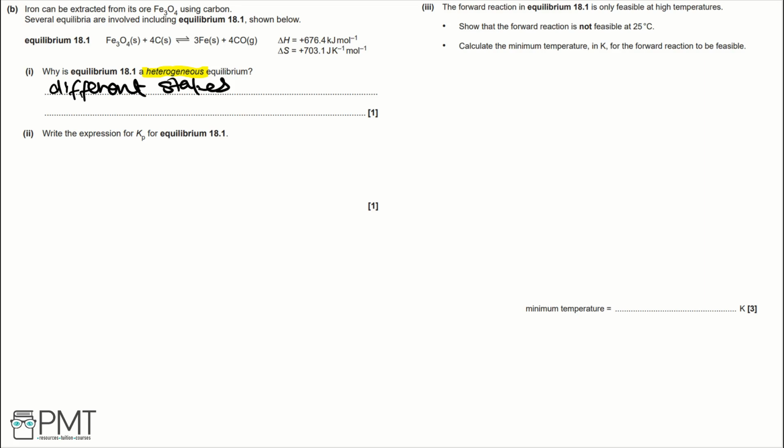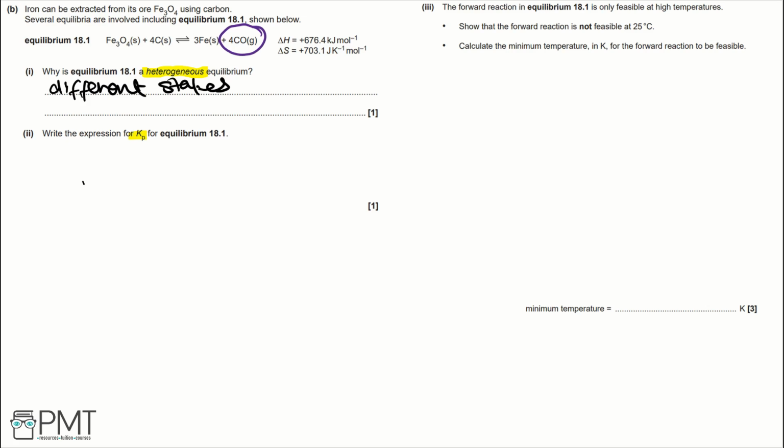or phases. Part 2, write the expression for Kp for equilibrium 18.1. When writing the expression for Kp, we need to look at the reactants or products in a gaseous state. Carbon monoxide is the only reactant or product in a gaseous state.